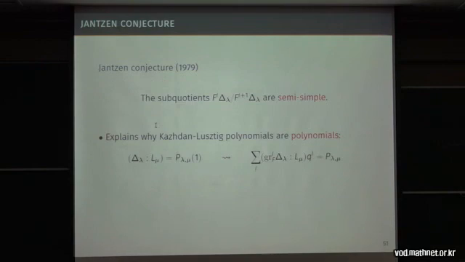So this explains, before we were asking how often does this simple module occur in a Verma module, and we were saying it's given by the value at 1 of a polynomial. But now, because this has a filtration, we can ask how often does this occur in a layer of this filtration? And so we can produce a polynomial. The natural thing to guess is that this is what Kazhdan-Lusztig polynomials are.